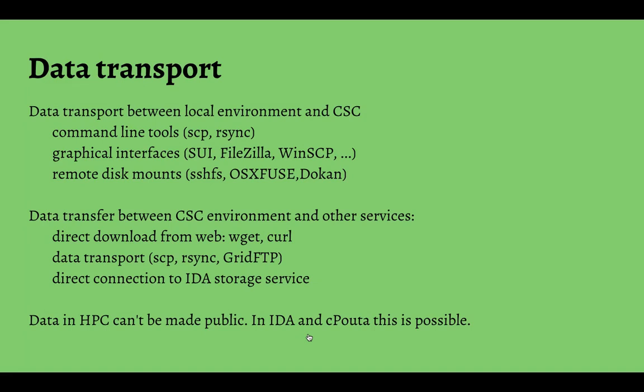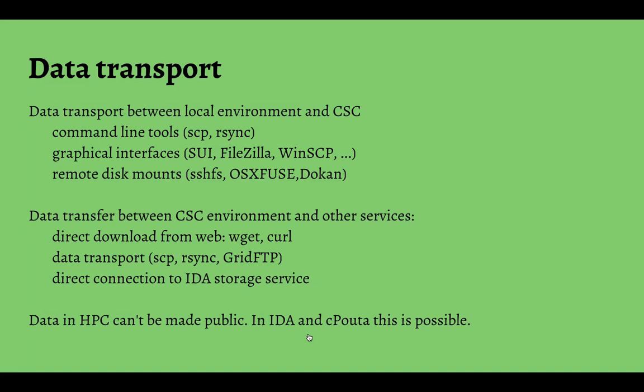And you should note that when you are using CSC HPC environment or a server running in cPouta, what is quite often reasonable is to download, for example, from internet the data directly to the server or service of CSC and not put the data first to your local computer and then only push it to CSC environment.